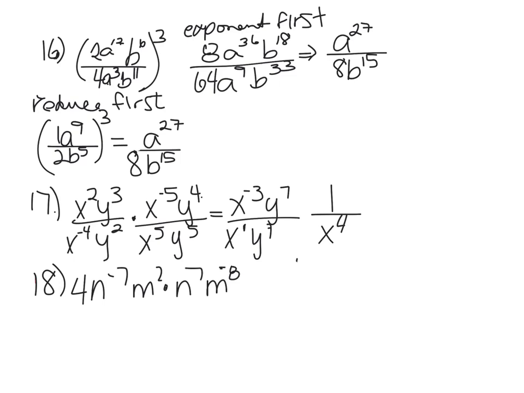I don't have anything to multiply the 4 by, so the 4 is going to stay. N to the 7th times n to the negative 7th is n to the 0, which is 1. So there's no more n's. And then m squared times m to the negative 8th is m to the negative 6th. And we write that with a 4 in the numerator because the 4 does not have the exponent on it. And then m to the 6th in the denominator.